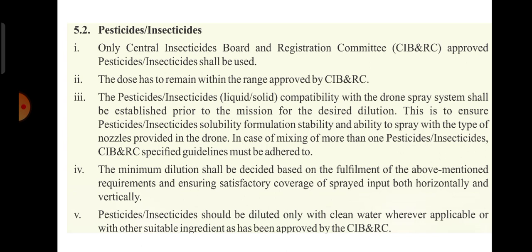In case of mixing more than one pesticide, that means a combination of pesticides, we should also follow the CIB and RC specified guidelines and adhere to that. The minimum dilution shall be decided based on the fulfillment of the different guidelines requirements and ensuring satisfactory coverage of sprayed inputs both horizontally and vertically.